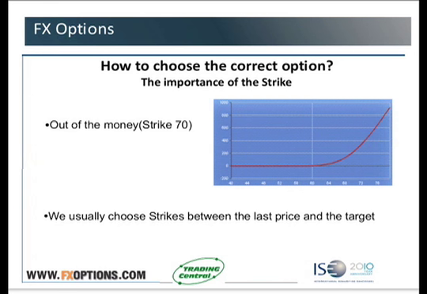So there are three kinds of options: in the money, at the money, and out of the money. What is the difference? First, what is a strike? Strike is the price at which you will get your underlying when the option arrives at its maturity.